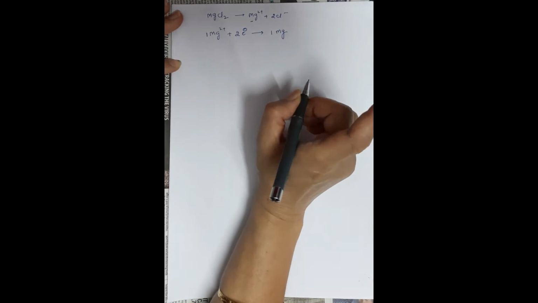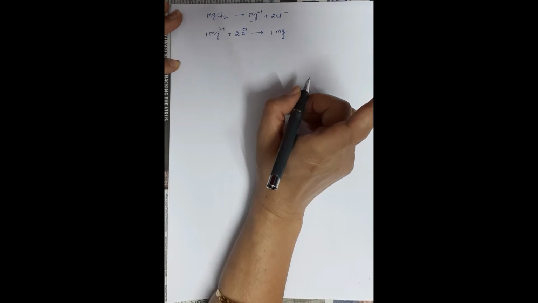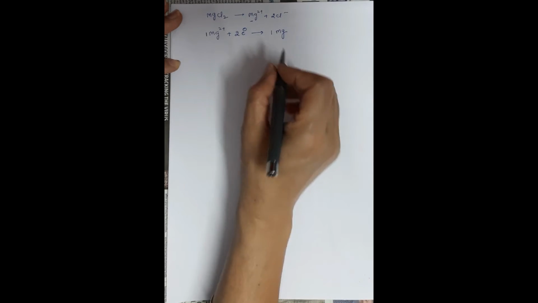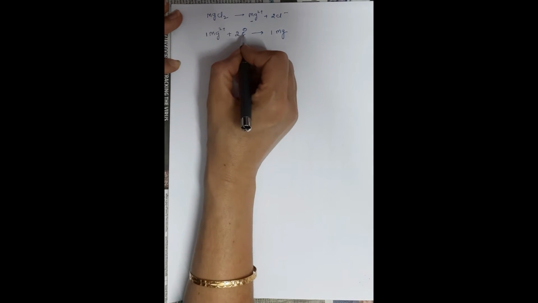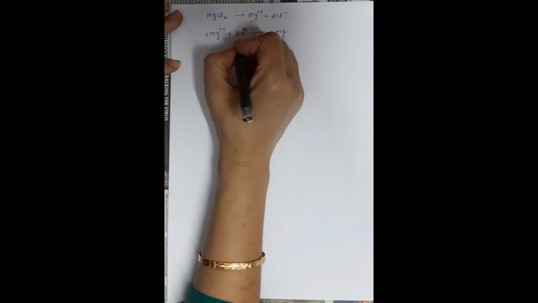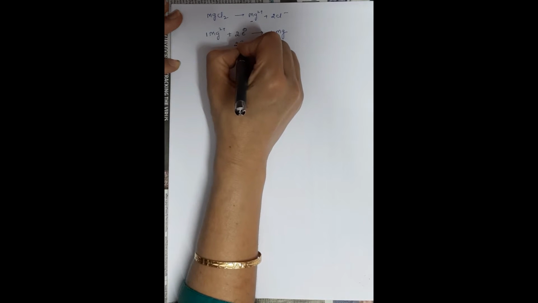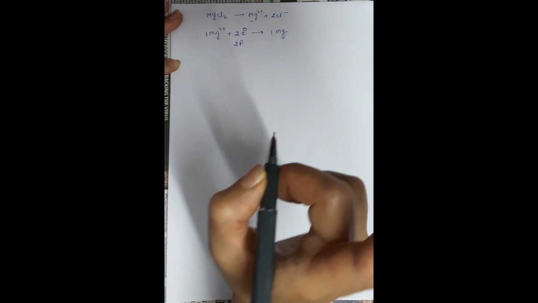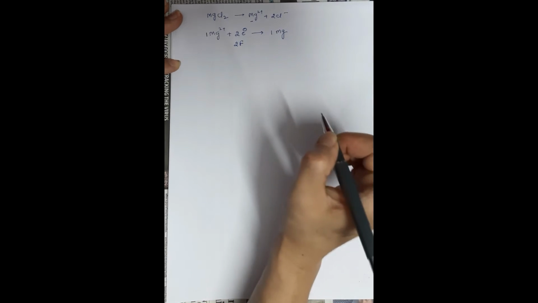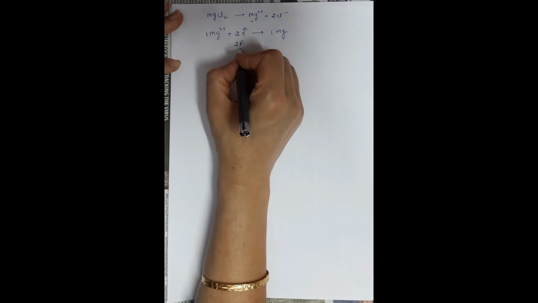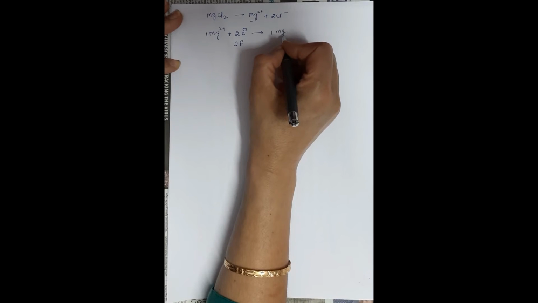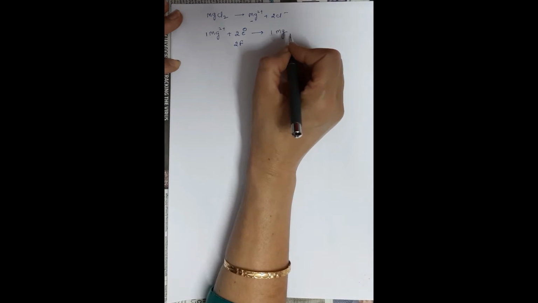In case of sodium, you need only 1 mole of electronic charge in order to deposit 1 mole of sodium. But in this case, you need 2 moles of electronic charge. 2 moles of electronic charge means 2 Faraday. So 1 Faraday is required to deposit 1 mole of sodium metal, but 2 Faraday of charge is required to deposit 1 mole of magnesium metal on the cathode.